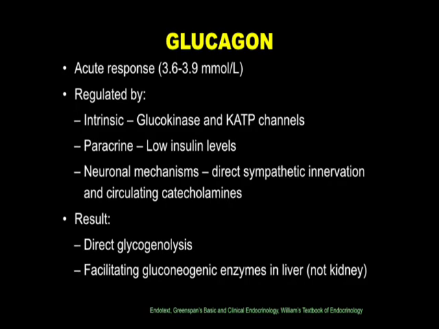It's also controlled by paracrine mechanisms, where low insulin levels also stimulate the release of glucagon. And then neuronal mechanisms, although less contributory, may affect it as well. So direct sympathetic innervation and circulating levels of catecholamines may stimulate the release of glucagon. The result is direct glycogenolysis and facilitating gluconeogenic enzymes in the liver, but not the kidney.